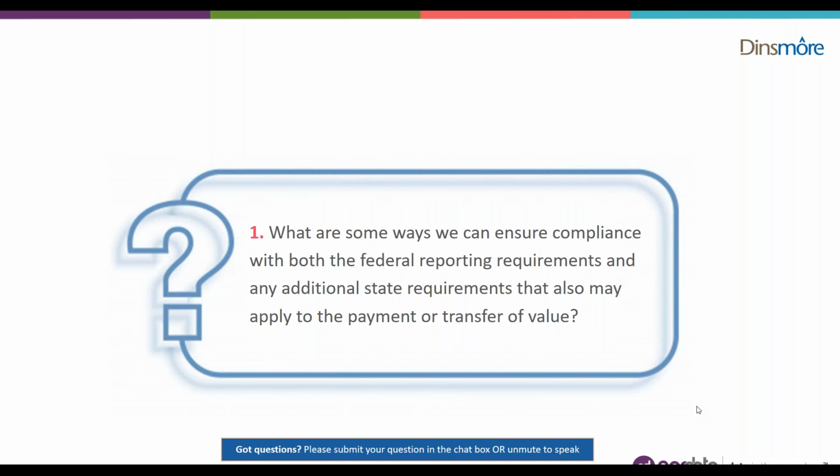Yeah, so this is a great question. It's kind of the challenges with ensuring that our compliance program is addressing all of the federal requirements as well as all of the state requirements, and really understanding and appreciating the interplay between the two. I think there's a couple of things that you can do from a compliance perspective.